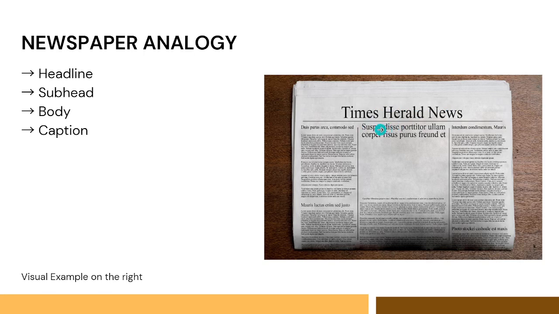This language is not English, but it says suspended potato and the likes. And this is the body text of this newspaper. And we have the caption here. The caption is usually beneath. This is an example of a caption being used in this newspaper.